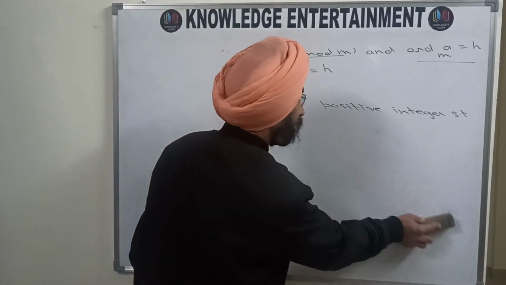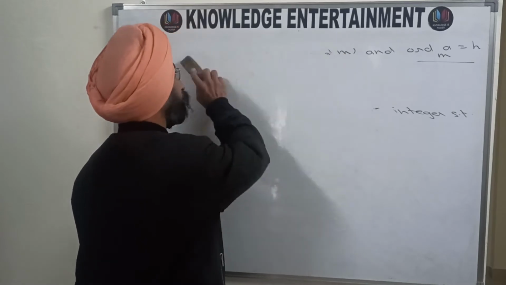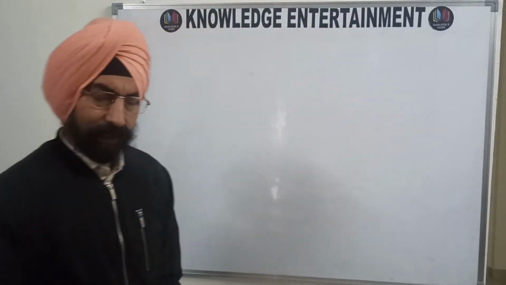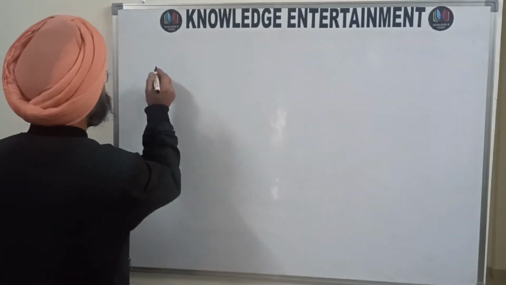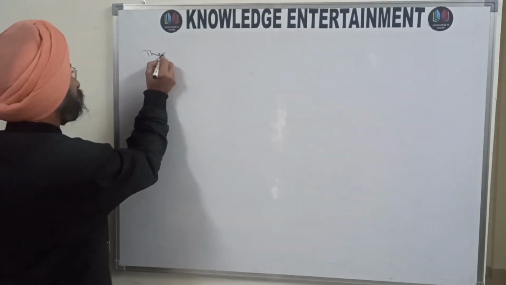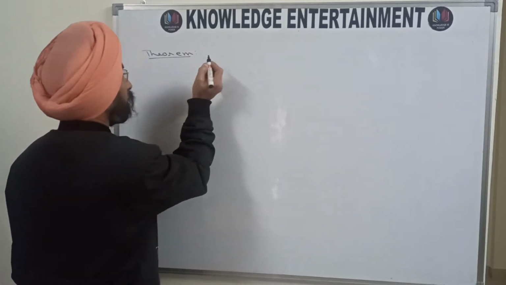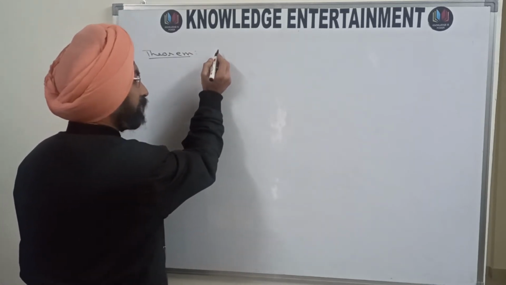And let us have one more result based on this order of an element. Let us have the statement first and then we will move on to the proof. Let us write the statement.